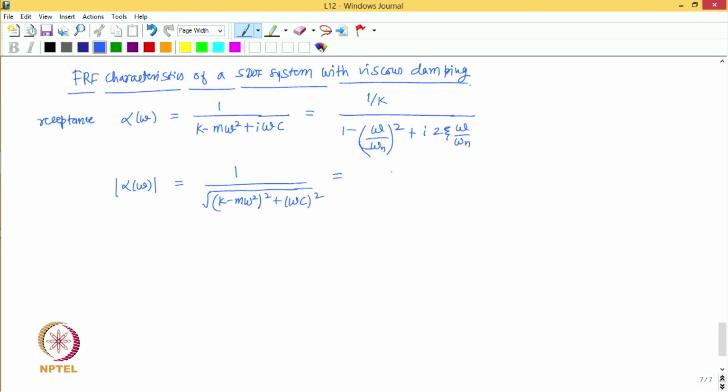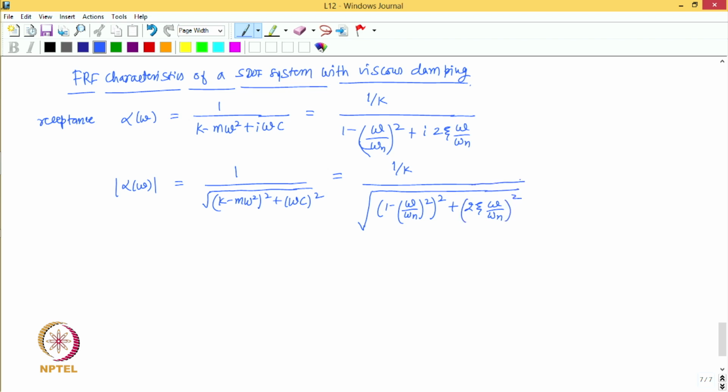Similarly, for this case, the magnitude would be 1 by k upon the square root of (1 minus (omega upon omega n) whole square) whole square plus (2 zeta omega upon omega n) whole square.